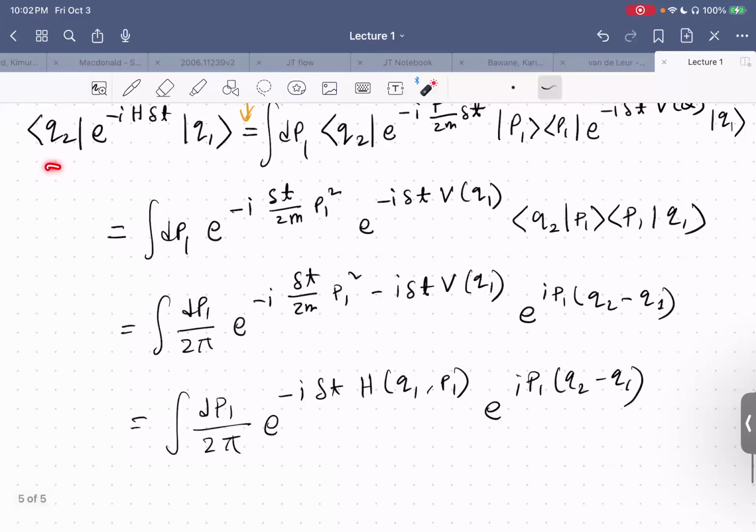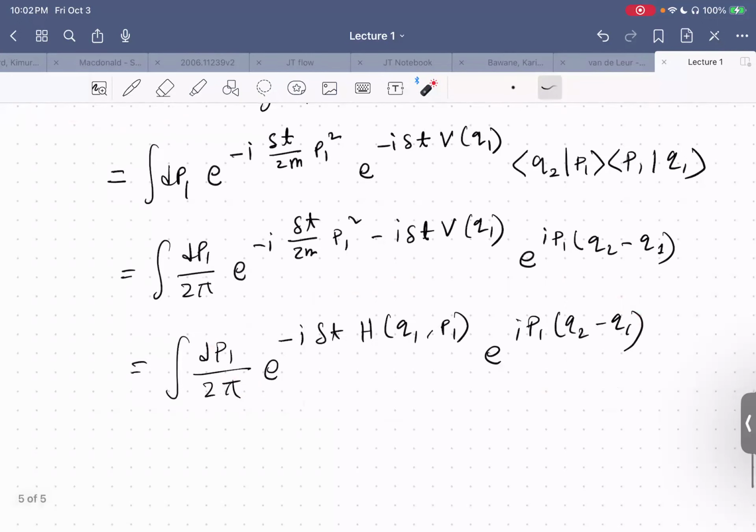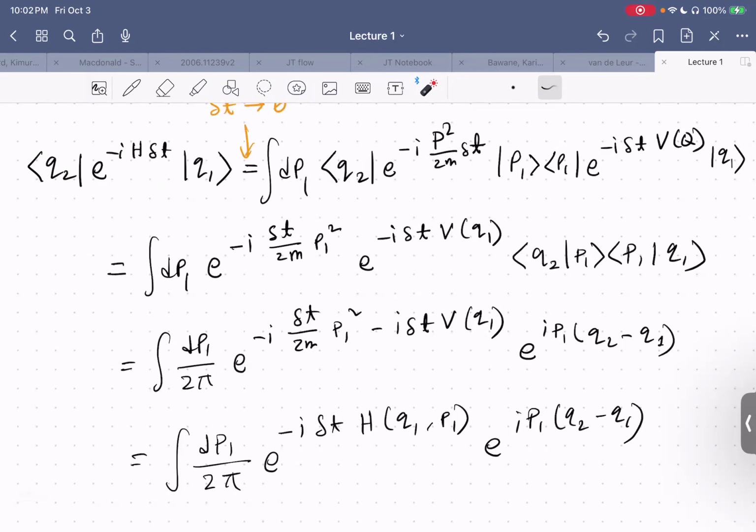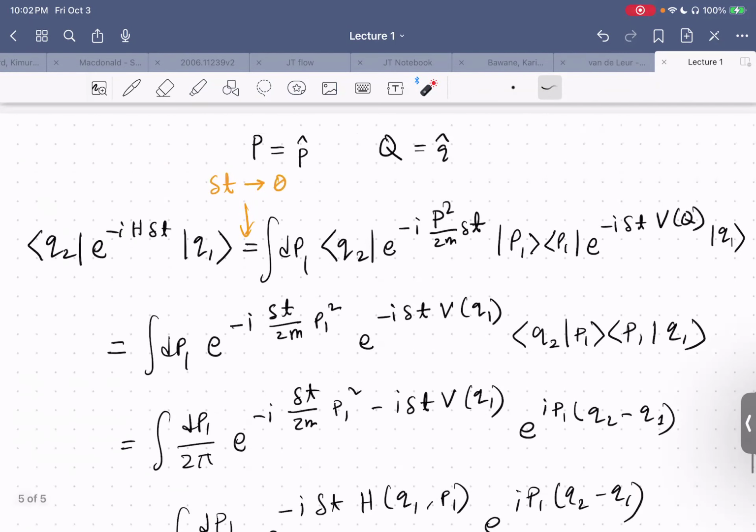So we have established some formula for our infinitesimal transition amplitude. But this was a little naive in the sense that, to make life simpler, we assumed that the kinetic energy only depends on momentum and the potential energy only depends on position.